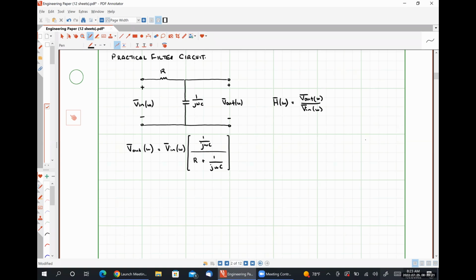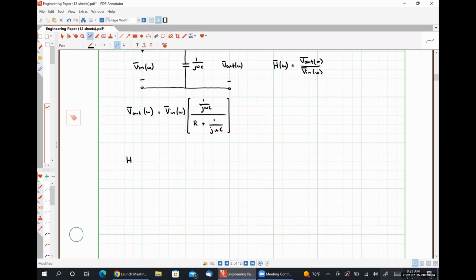So from here, H of omega is then just the ratio. So let's write this out more formally. V out of omega over V in of omega. And this is just that ratio of 1 over j omega c divided by r plus 1 over j omega c.